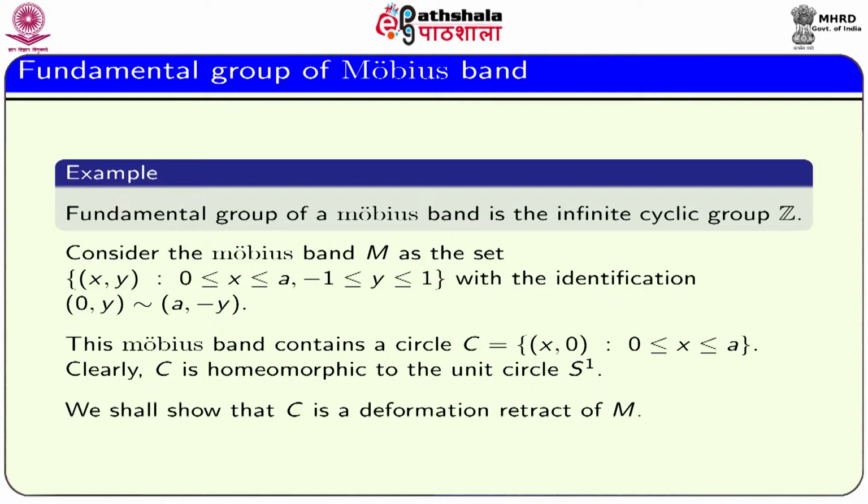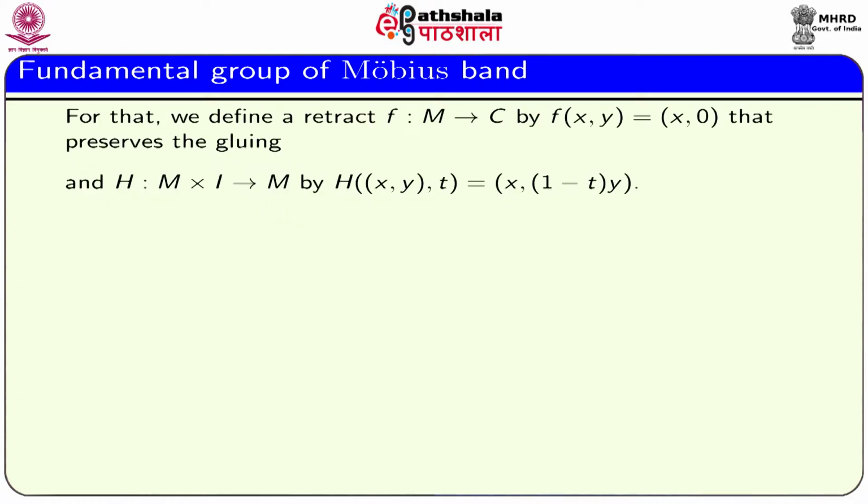Now, we shall show that C is a deformation retract of the Möbius band M. For that, we define a retract f from M to C by f of x, y equal to x, 0, that preserves the gluing, and we define capital H from M cross I to M by H of x, y, t equal to x, 1 minus t times y.